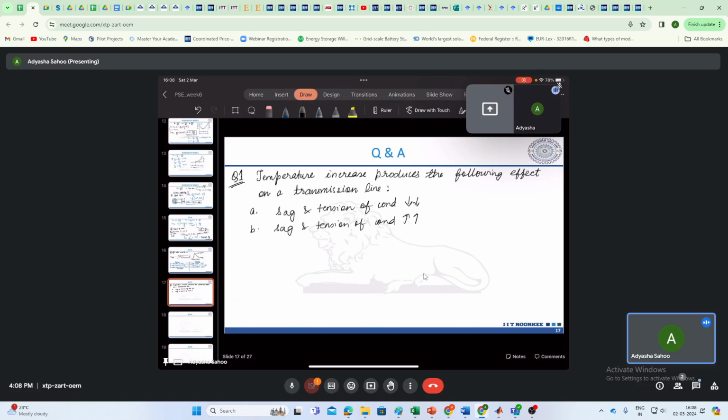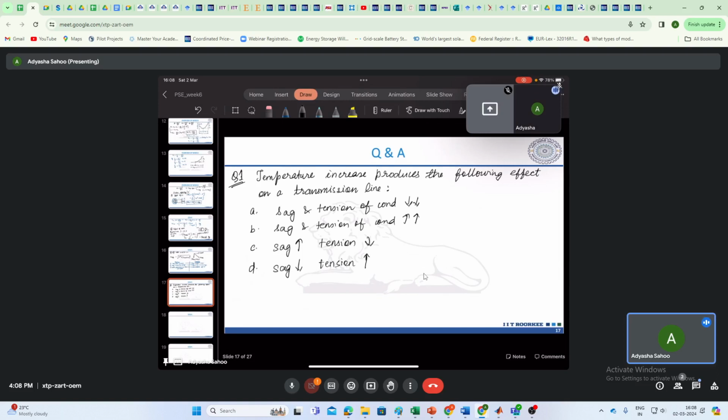So this is both decrease, this is both increase. C, sag increases, tension decreases. D, sag decreases, tension increases.